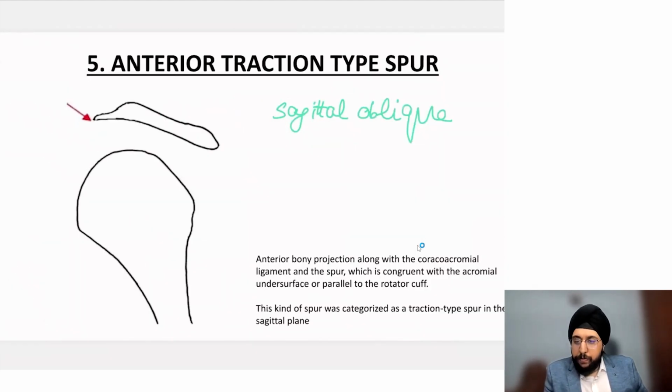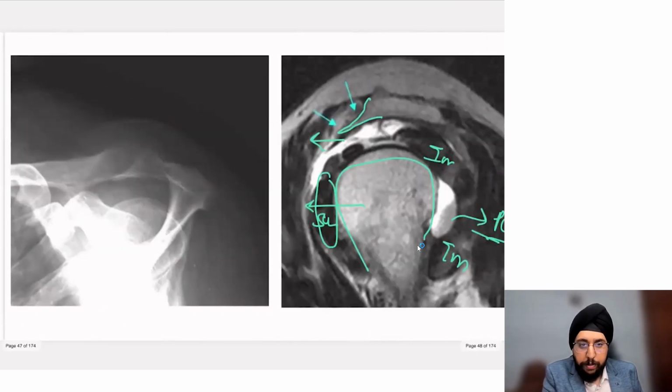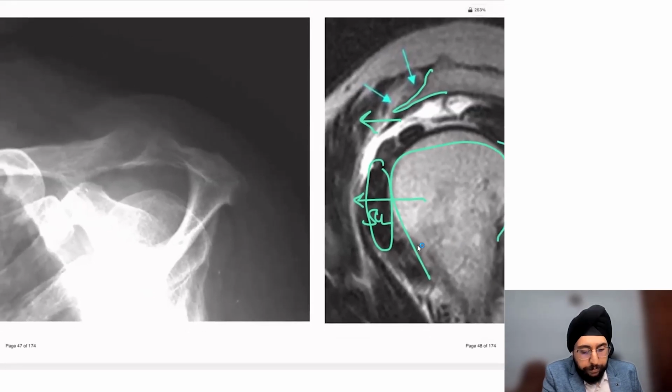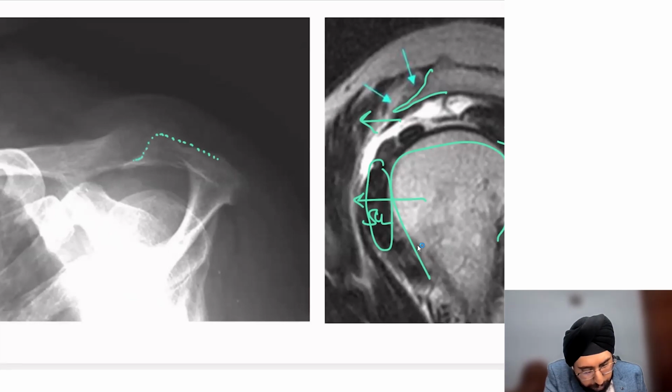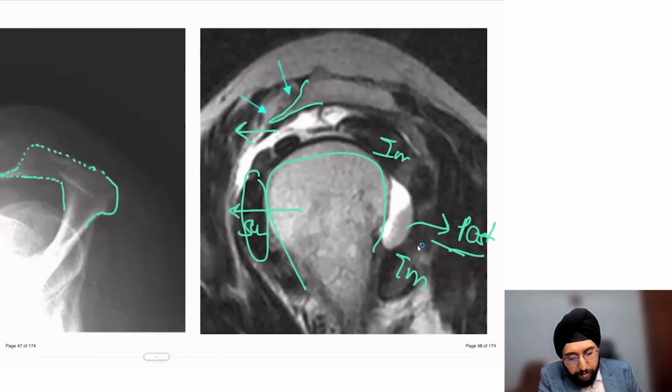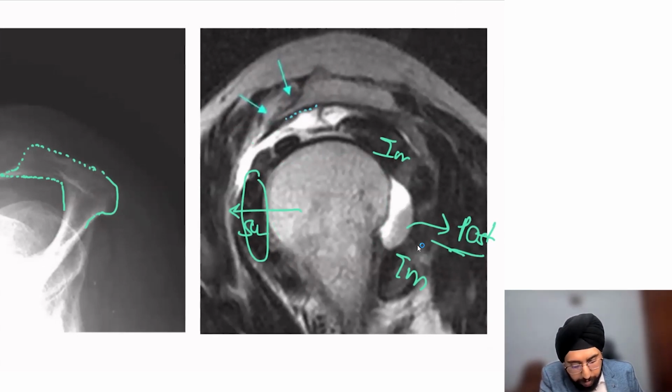Again, we can have traction spurs. They are congruent with the undersurface of the acromion. And again, we can have anteriorly protruding spurs and anterior bird beak type spurs. Very simple. So very nicely seen here.